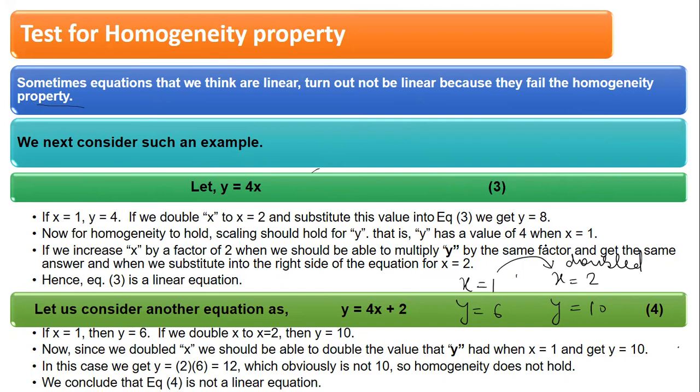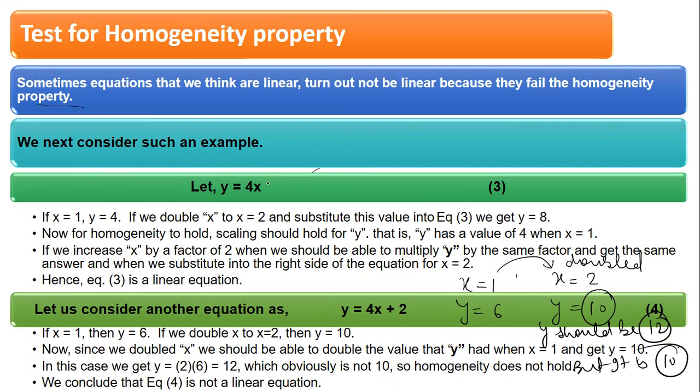It was 1, then you doubled it and made it 2. Y was 6, so y should be 12 here, it should also be doubled. If you have increased the input by 2 times, your output should also increase by 2 times. That means y should be 12, but it is 10. It is not doubled.